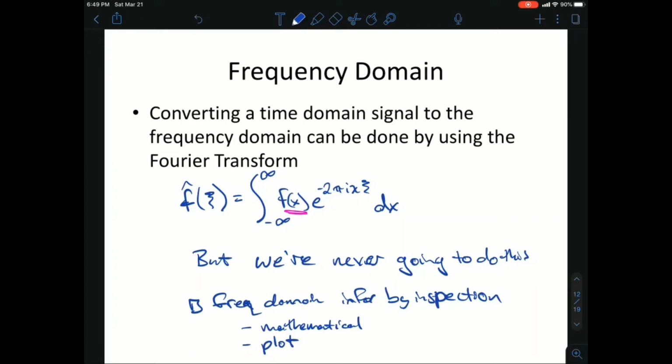The biggest thing we're doing here is trying to find f. Every single time we're looking for f, and by f I mean our frequency. As soon as we can find that, we can start figuring out what our frequency domain looks like. Our mathematical representation will be used for more complex ones, whereas our plot will be used for simple ones.